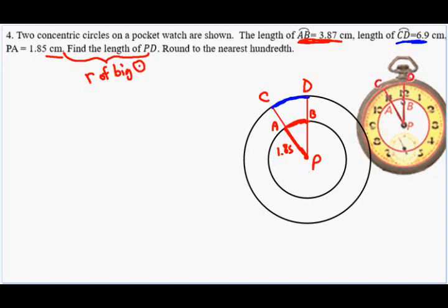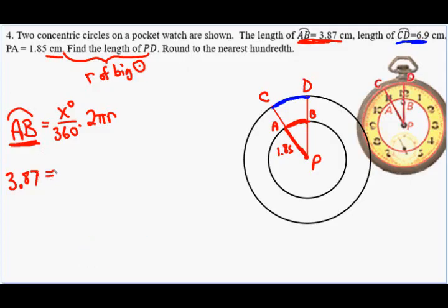So let's work on the inner circle first. And I'm going to do it like this. The arc AB is equal to some fraction, x degrees out of 360, times 2 times pi times the radius. Well, in this case, we're usually finding AB, but now AB is given as 3.87. My pen just glitched. There it is. 3.87 is equal to x over 360.